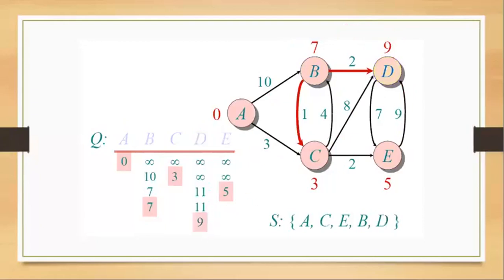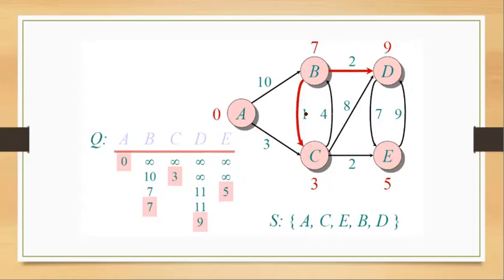This way, we see that from A, the minimum distance to A is 0, while the shortest distance to B is 7 instead of the direct route that we had, which was 10. From A to C is 3. From A to D, we can have it to 9.